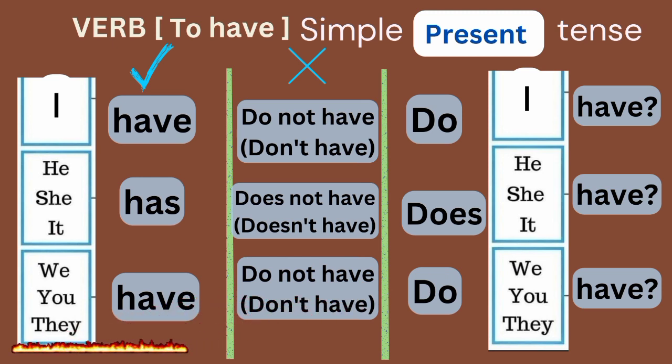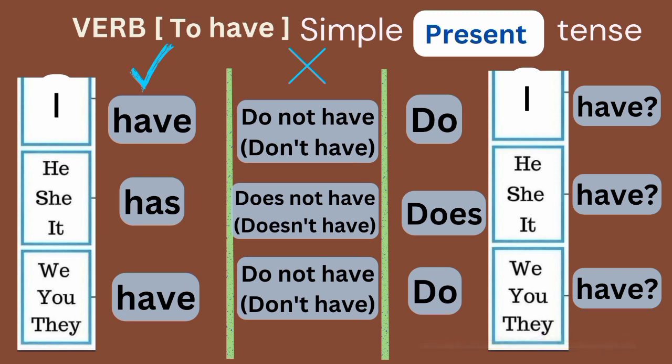In the case of the first person, second person, and the third person, it is we, you, they have. The negative is we, you, they do not have. And finally, do we have, do you have, and do they have when you are asking a question.